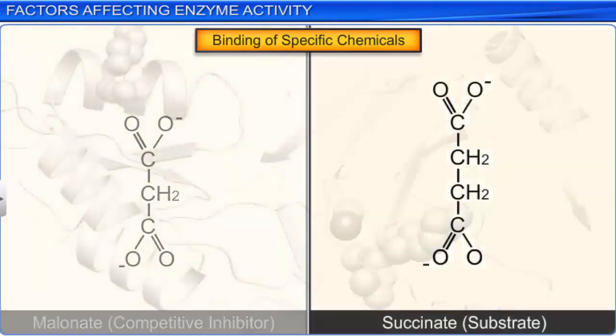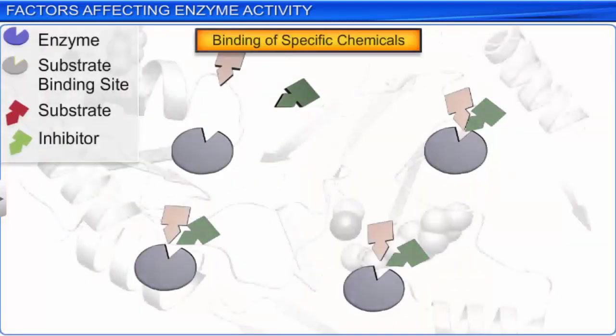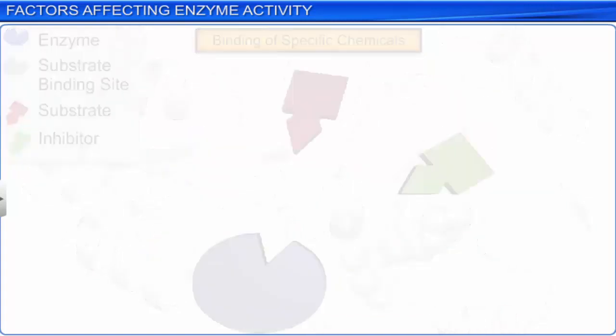Such an inhibitor is known as a competitive inhibitor, and it impacts the activity of the enzyme. Since this inhibitor is structurally similar to the substrate, it competes with the substrate for the substrate binding site of the enzyme. As a result, the substrate cannot bind and enzyme action is reduced.